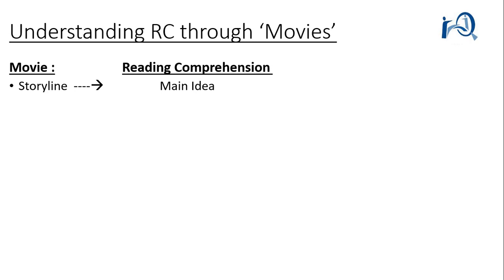So the entire story of a movie will revolve around this storyline. Similarly, in reading comprehension, we have a pivotal idea called the main idea. So the entire passage the author is trying to say will revolve around this main idea.